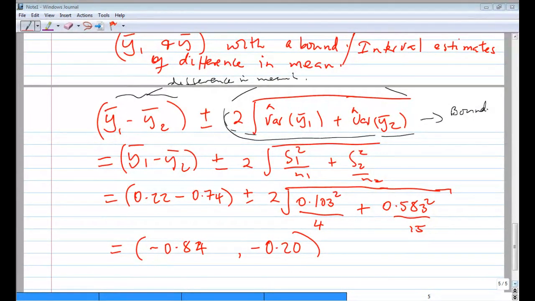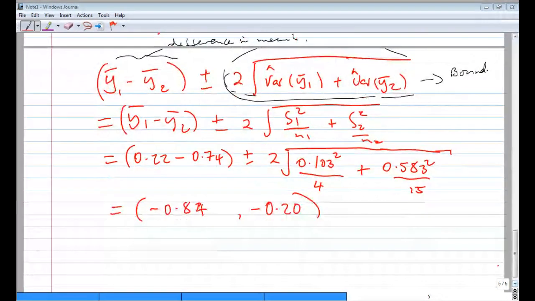Now the question is, is 0 included there? No. 0 is not included. So since 0 is not included in the interval, type 1 and type 2 legs are significantly different. Okay, let me just write it down.